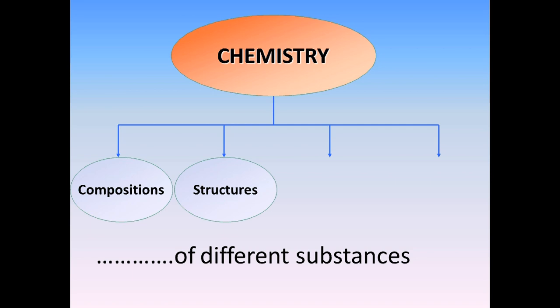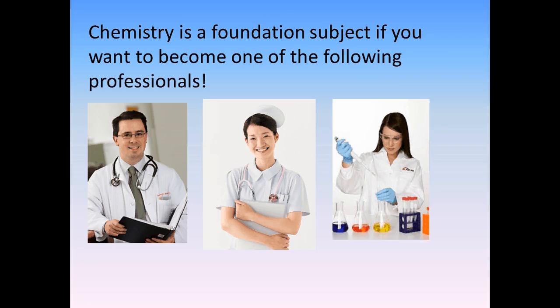We would study this in Form 3. The properties: for example, what would happen when metals are dropped into acids? We would say this is a chemical property of metals. And we would also study the changes that things undergo. These are also chemical reactions.